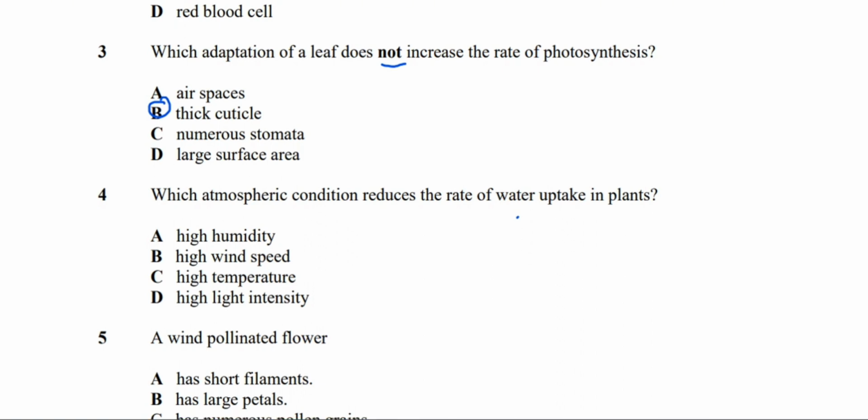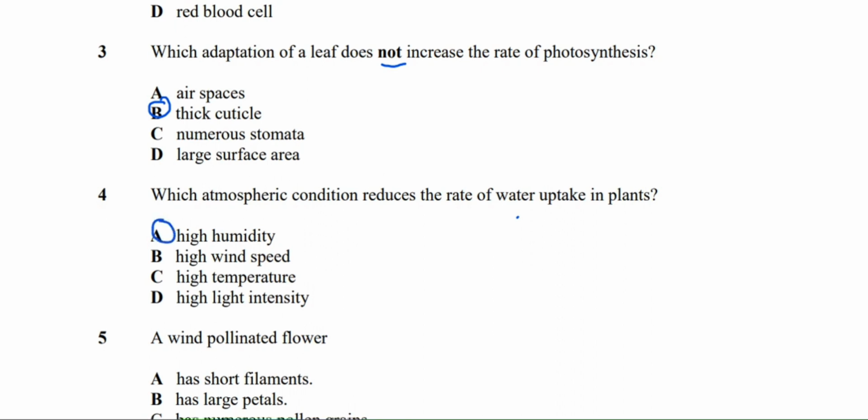A high light intensity also increases water uptake because there will be a lot of photosynthesis taking place. And a high wind speed increases the rate of water uptake or water loss, because the wind will be pushing the water away from the surface of the leaf. So the only one that is not true is A. It reduces the rate of water uptake.